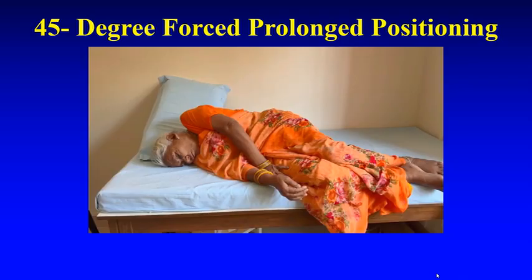The recommendation as per the article of Paolo Vannucci 2015 is 8 hours of this position, that is 45-degree forced prolonged positioning to the non-involved side. But practically it becomes difficult.